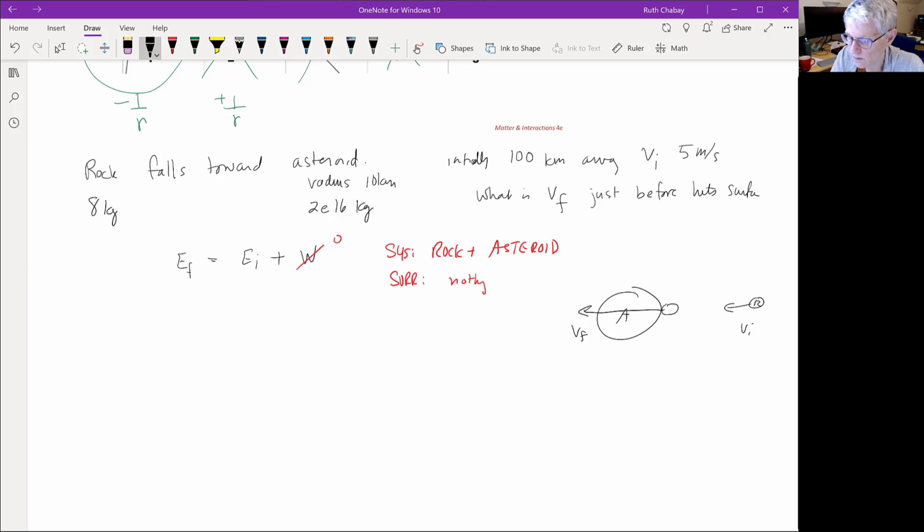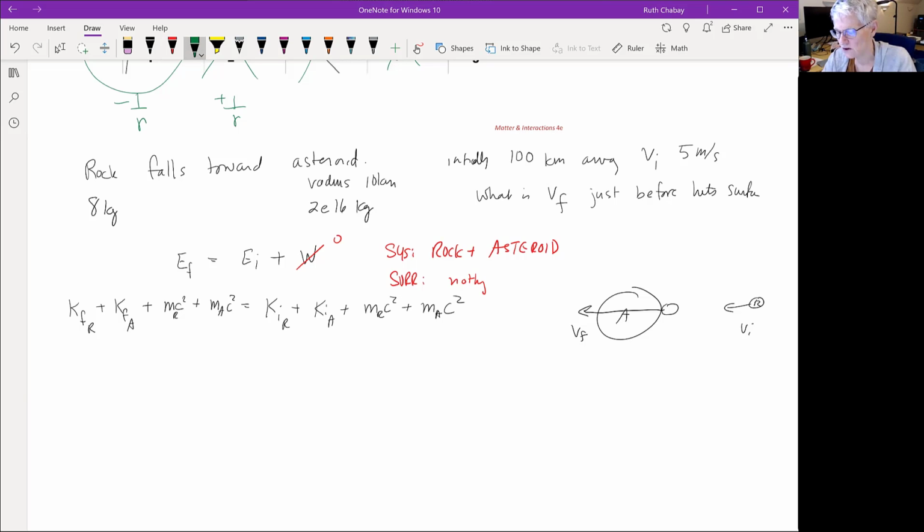And so now we have to do the same thing we always do, which is to write out all the terms. So we have the final kinetic energy of the rock plus the final kinetic energy of the asteroid plus the rest energy of the rock plus the rest energy of the asteroid is equal to the initial kinetic energy of the rock and the initial kinetic energy of the asteroid plus the rest energy of the rock and the rest energy of the asteroid.